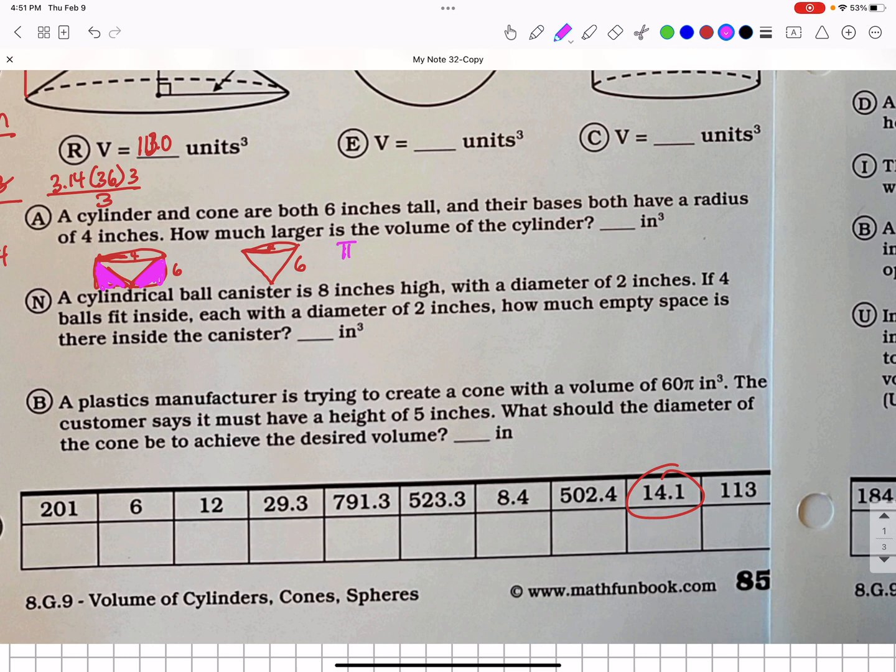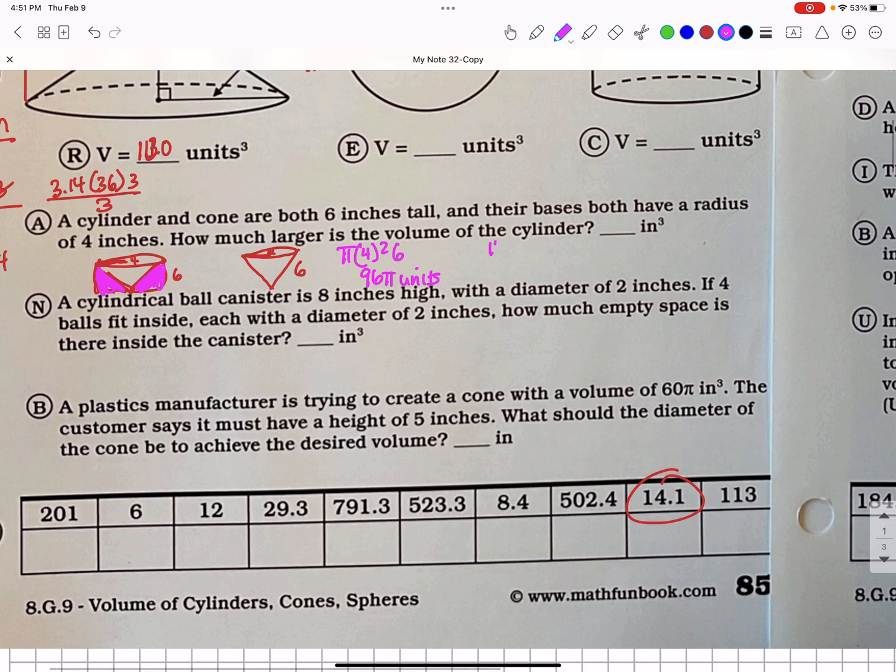Pi times 4, the radius is 4, squared times 6. So this is 16 times 6. The cylinder is 96 pi units. I'm going to leave it in pi just for a second. 96 pi. If I divide 96 by 3, I get 32.